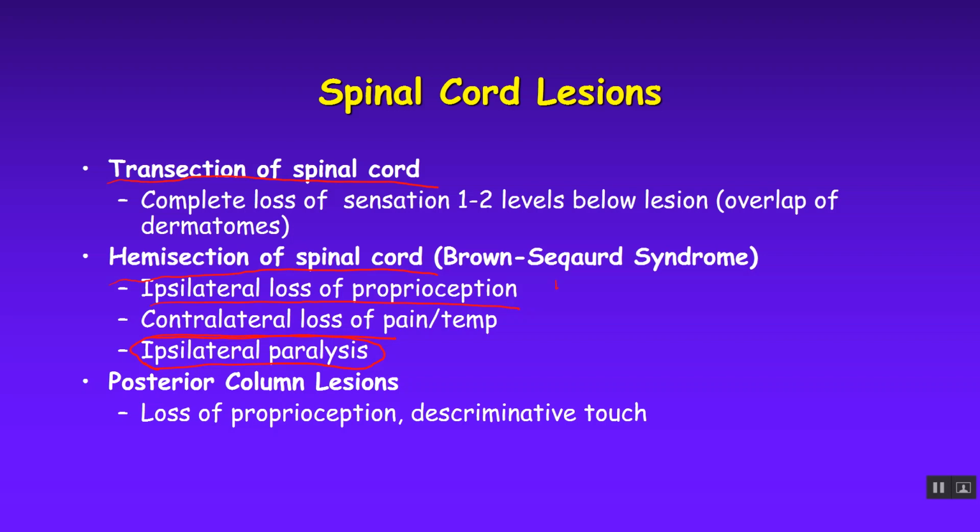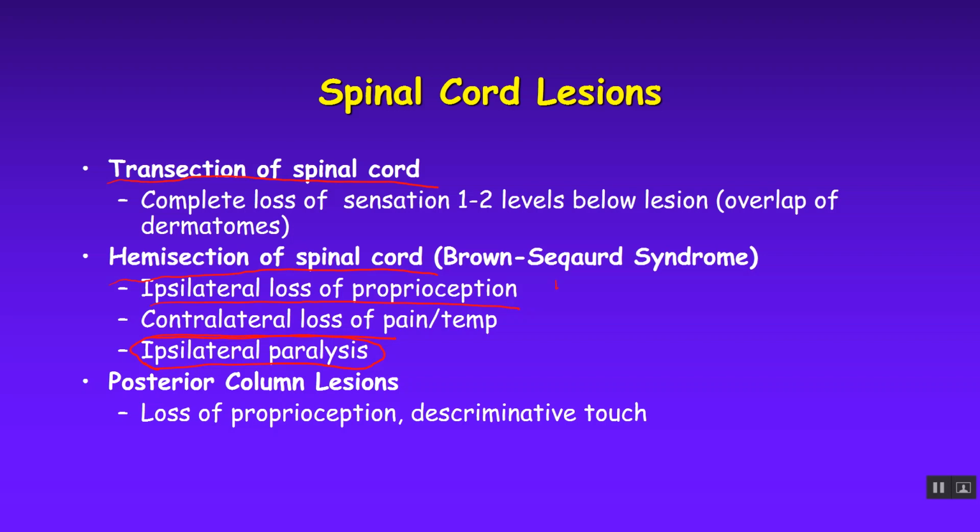And then the motor signals coming down are getting blocked here, which blocks the lateral corticospinal tract going down to the right trunk and leg. That's the same side as the lesion, so it's ipsilateral loss of motor function, paralysis ipsilateral to the lesion.